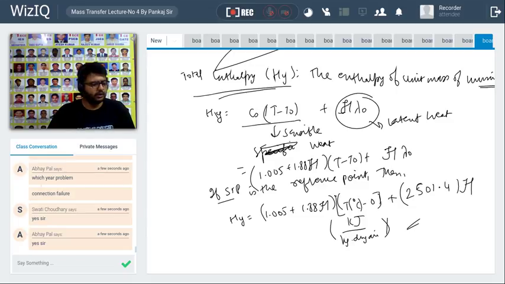Let's move on to the next derivation, that is adiabatic saturation temperature.